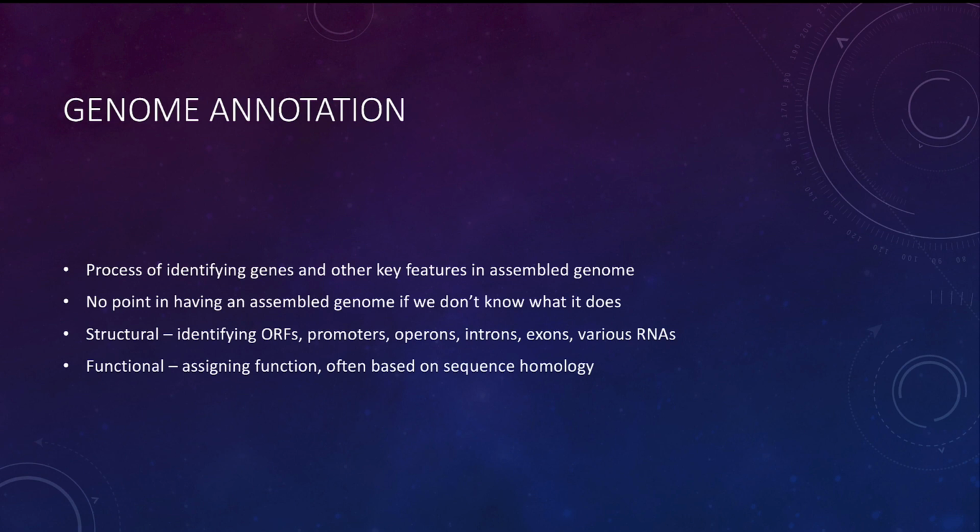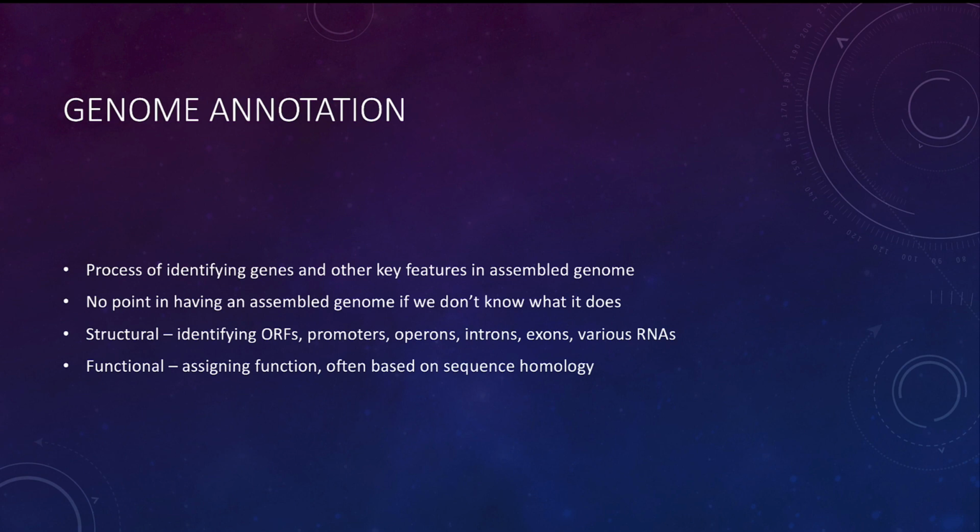It's looking for promoter motifs, potential operons, any introns, which again, we don't have in prokaryotes for the most part, but a eukaryotic annotator is going to do that. Exons, right? Again, mostly going to be in eukaryotic systems, but that's part of the structural annotation. And all of the various RNAs, like a tRNA, rRNA, non-coding RNA, all the different kinds of RNAs.